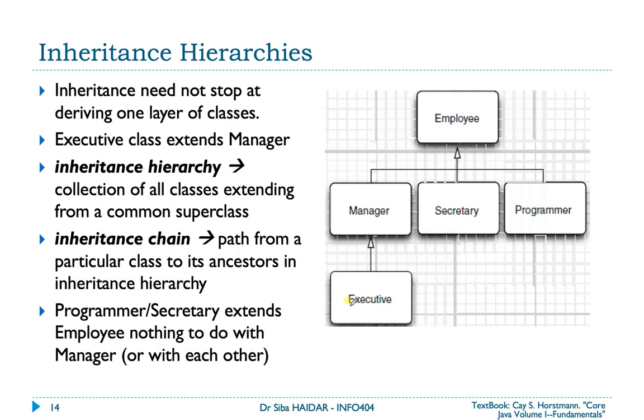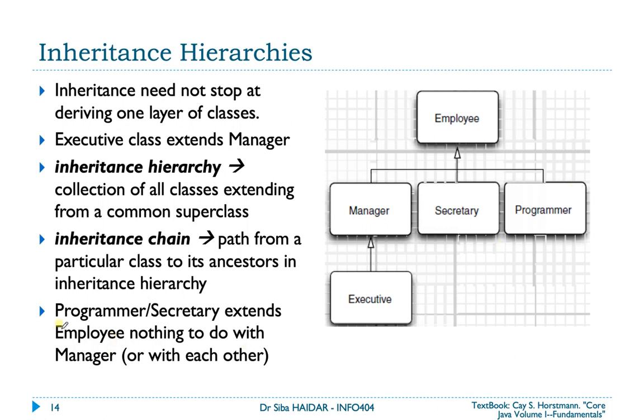For example, the path from executive to its ancestors in a particular hierarchy. From down to up, it is called inheritance chain. From up, the whole tree down, the whole set down, it is called inheritance hierarchy.